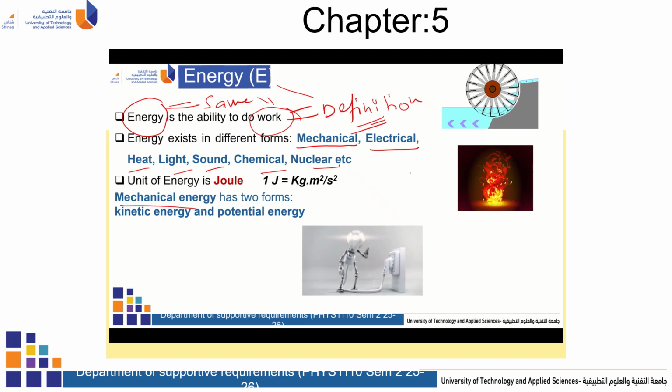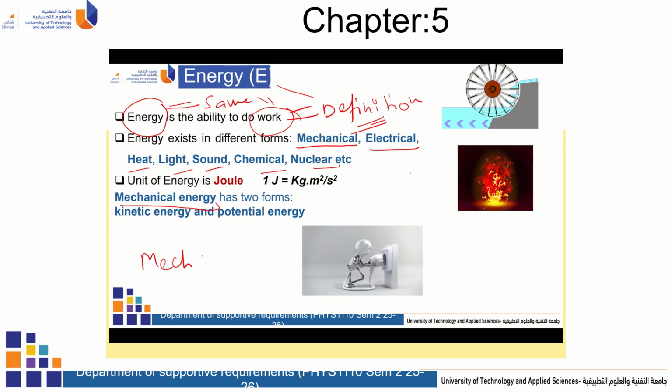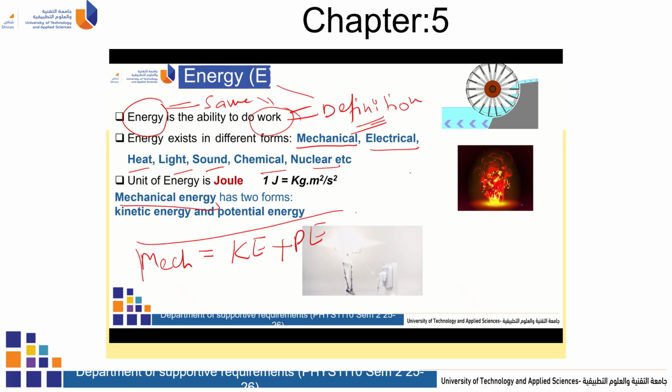So what is the rule for mechanical energy? The mechanical energy is the sum of the kinetic energy and the potential energy. This is the rule: mechanical energy is kinetic plus potential.